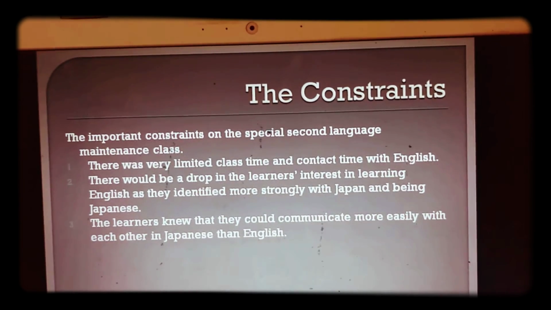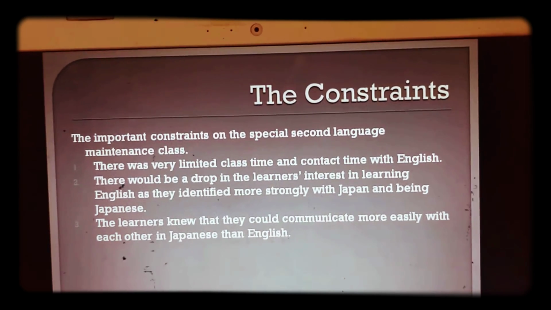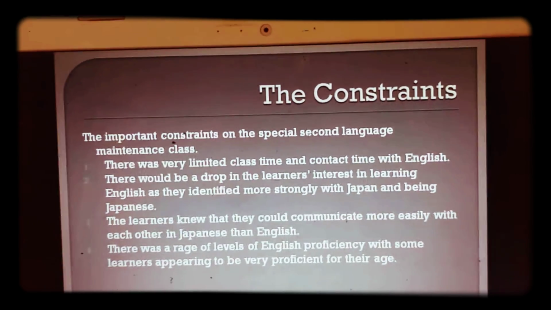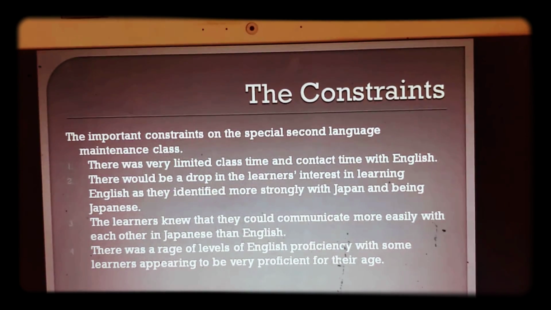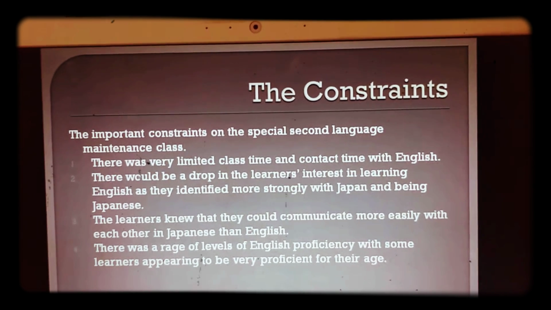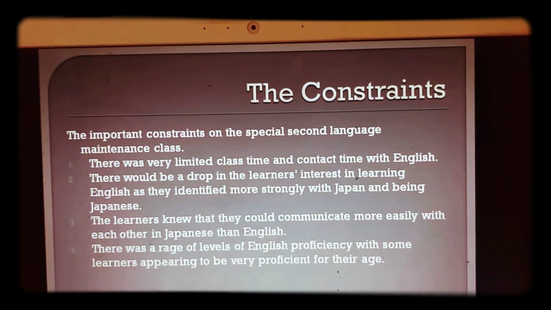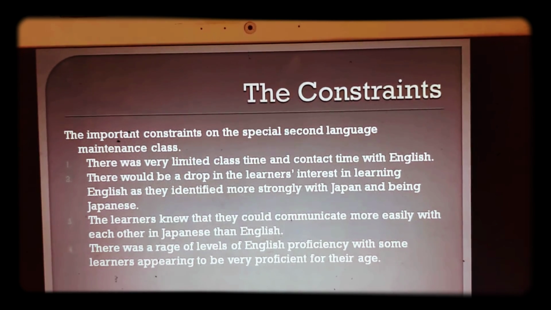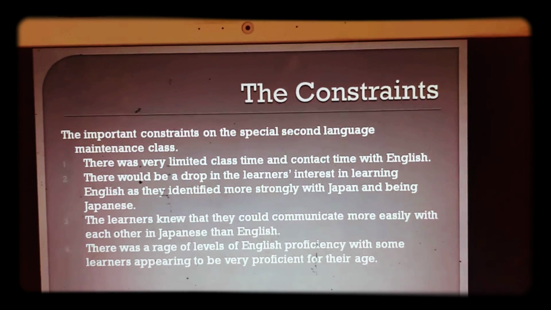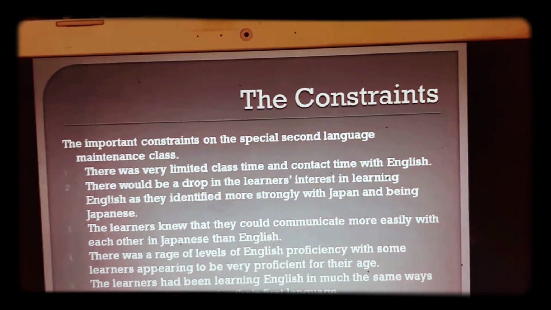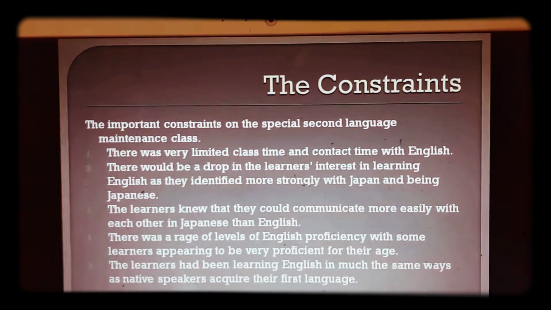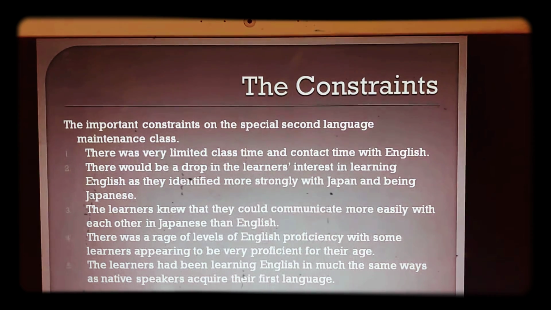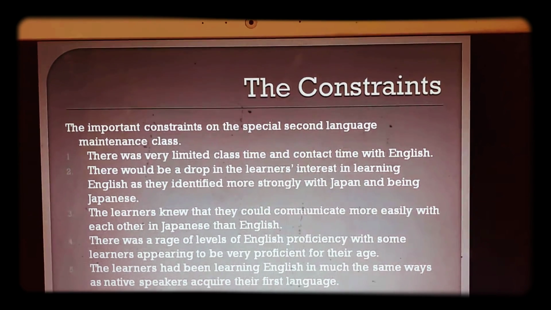The learners knew that they could communicate more easily with each other in Japanese than English. There was a range of levels of English proficiency, with some learners appearing to be very proficient for their age. Thus, the learners had been learning English in much the same way as native speakers acquire their first language.